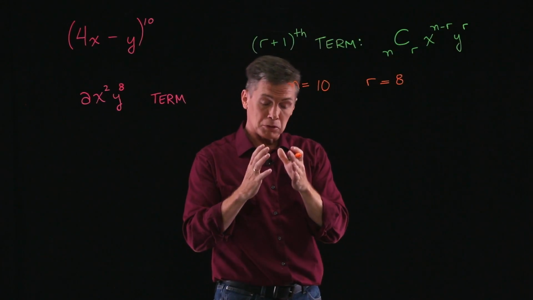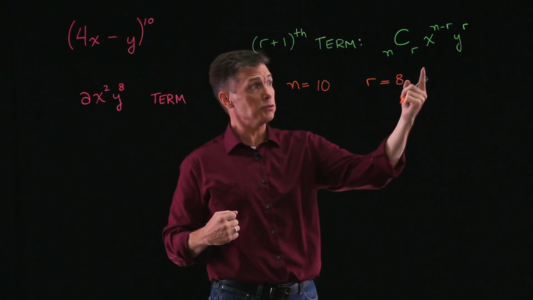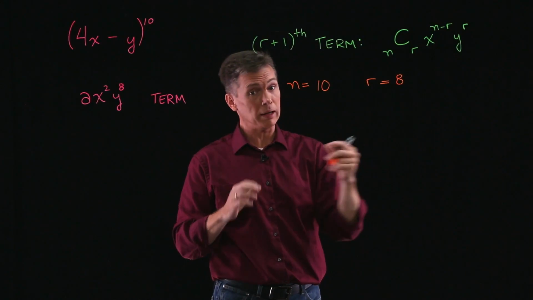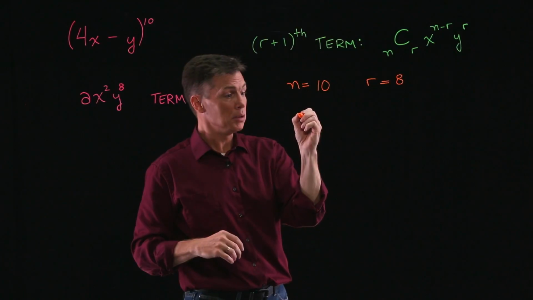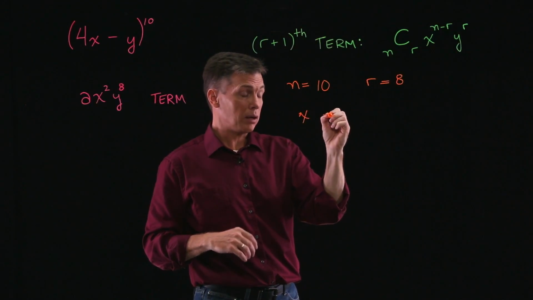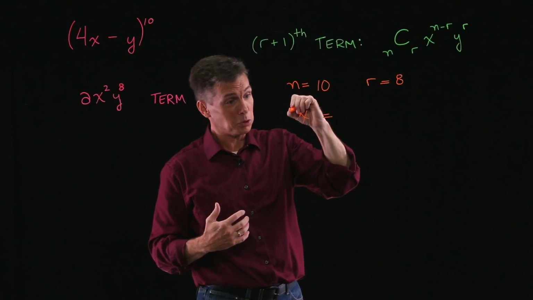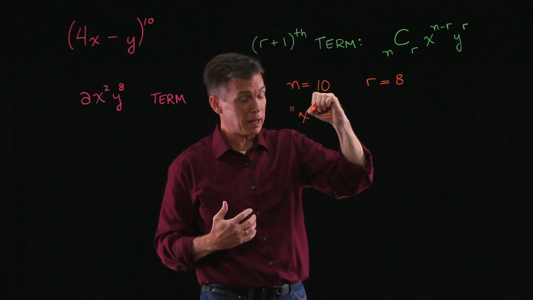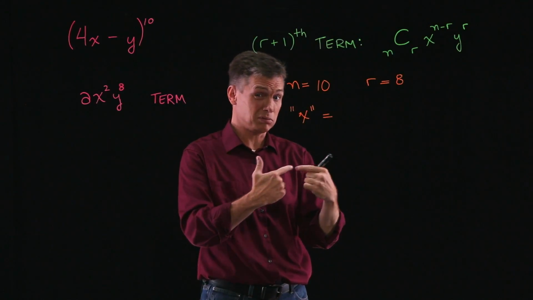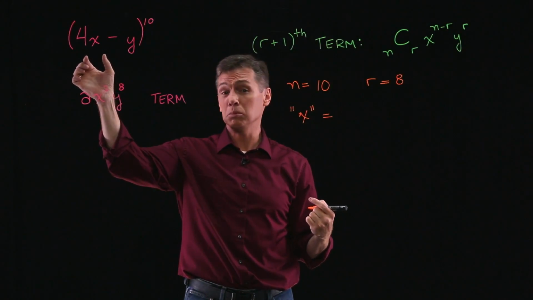All right, but there's a little bit more, still in the inventory step. Because you can see in the formula, you need x and y, but you really have to be careful. Because in that formula, the x that they're talking about isn't necessarily just the variable x. In fact, I'll put quotes around it, because what x is always in this formula is the first term in your binomial.